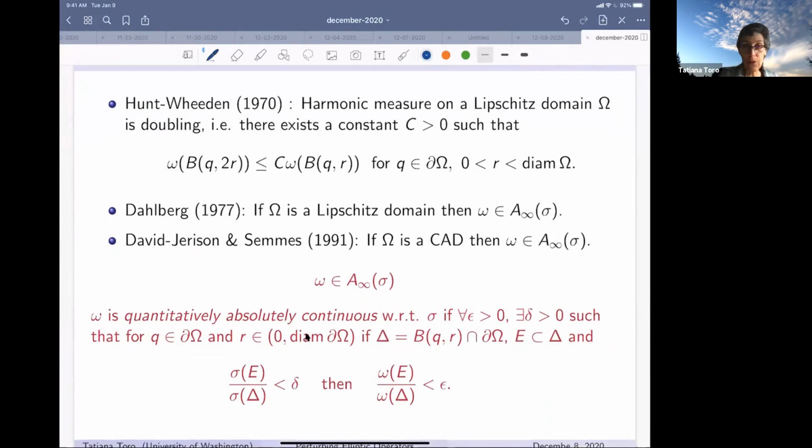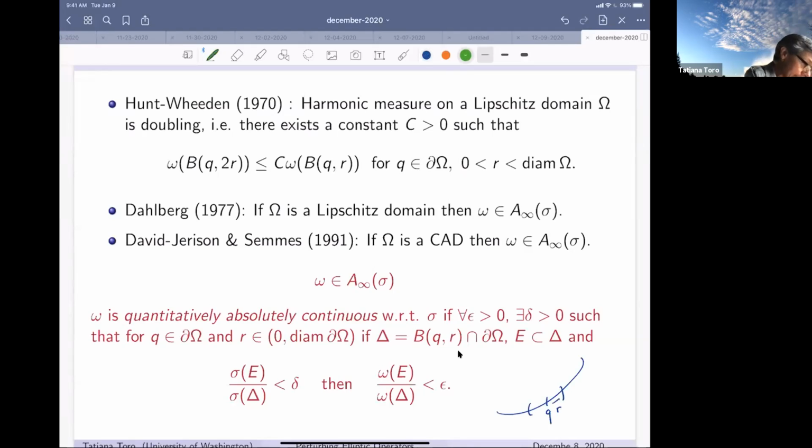That tells you that for every epsilon there exists a delta such that if you find a Q in the boundary and a radius between 0 and the diameter, and you look at the surface ball, okay, this is your surface ball.